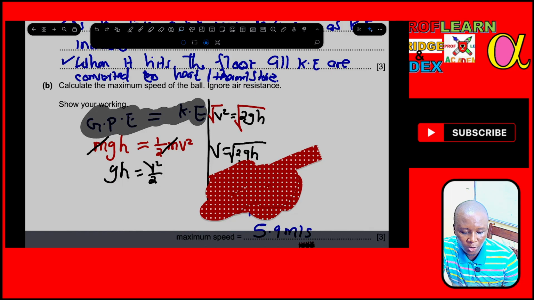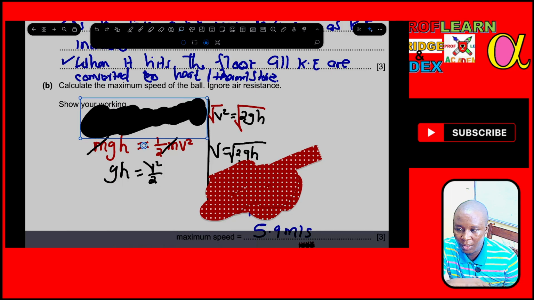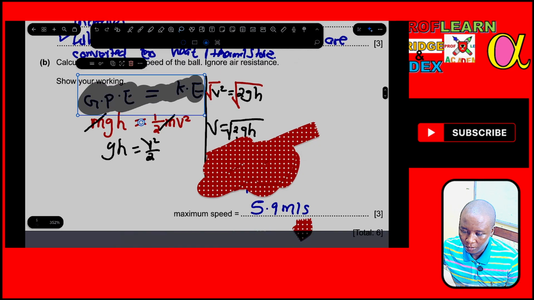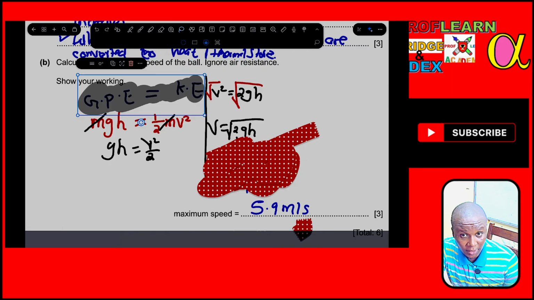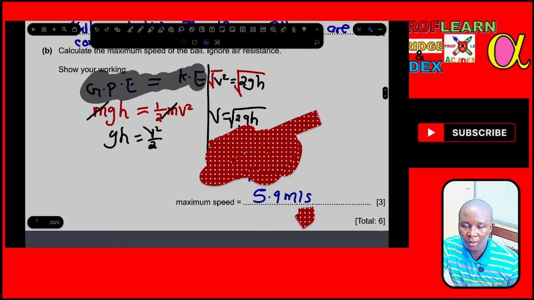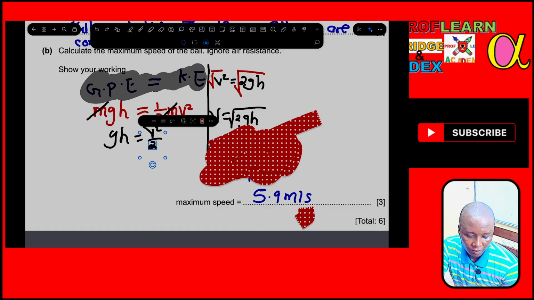So remember, gravitational potential energy is the one that is basically converted to kinetic energy. And in that case, you needed to remember and write the formula for gravitational potential energy, which is mgh, but you can see mass will cancel out. You remain with gh equals v squared over 2.